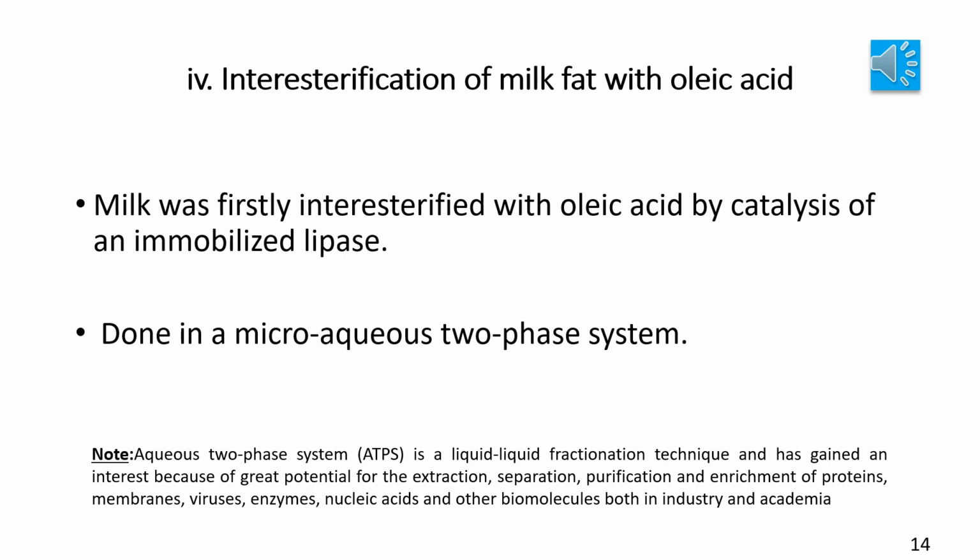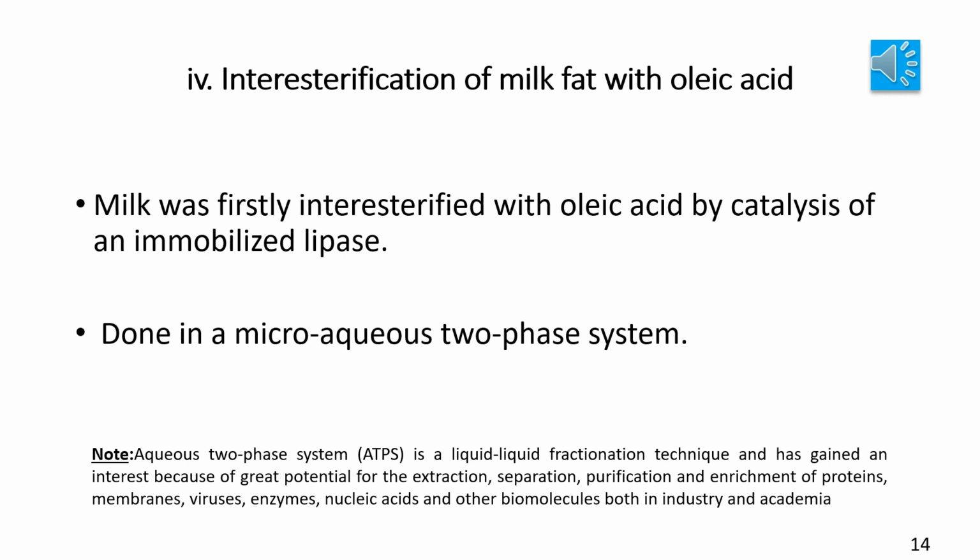Next step is the interesterification of milk fat with oleic acid. So how are the milk fats interesterified? Milk fat was firstly interesterified with oleic acid using a catalyst of immobilized lipase. This whole process is done in a microaqueous two-phase system.